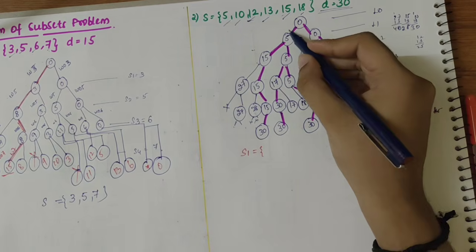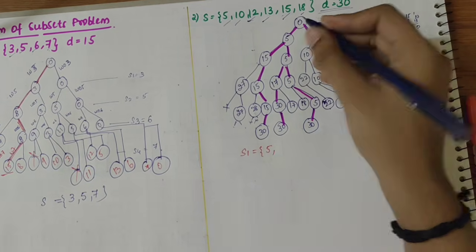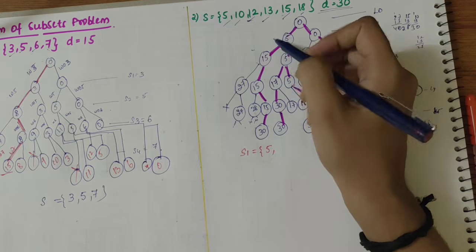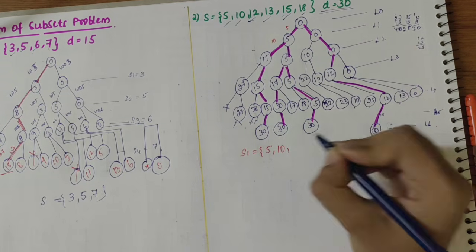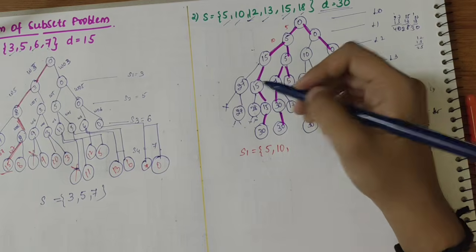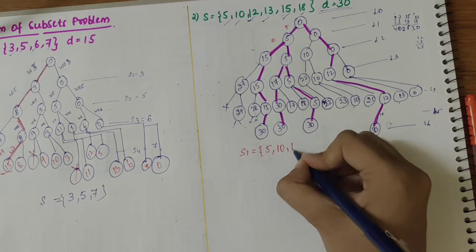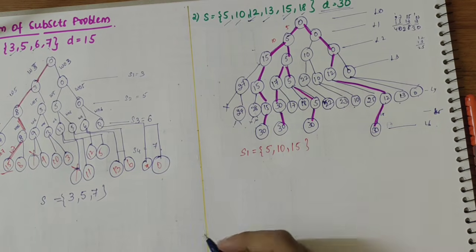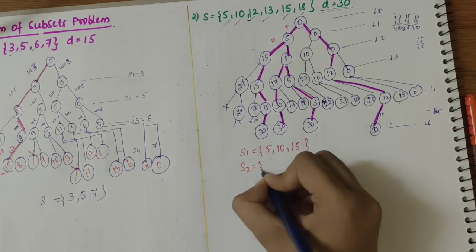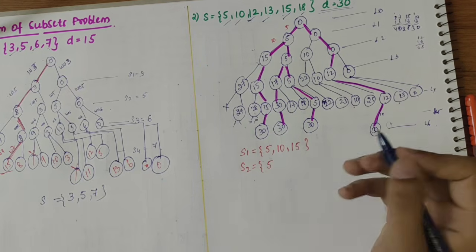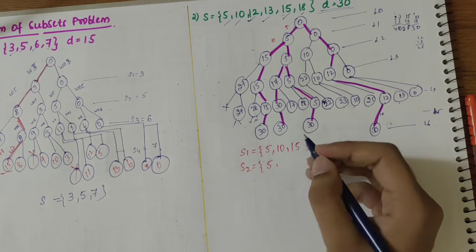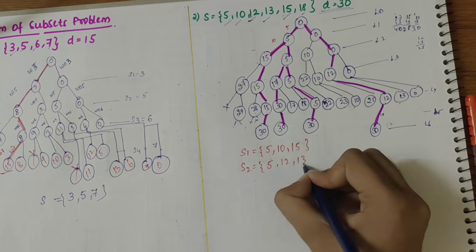So S1, first I took 5 was considered, then 5 was considered, then 10 was considered, then 15 was considered, I got 30. Second subset, if I have to write, I took 5, then I took 12 and I took 13.